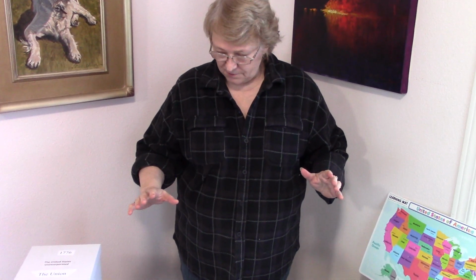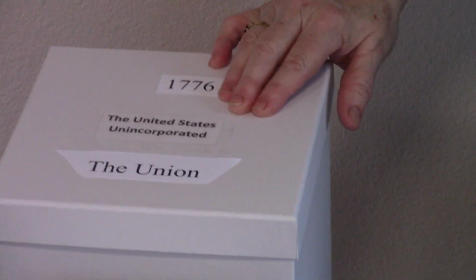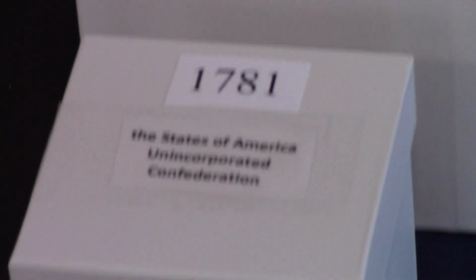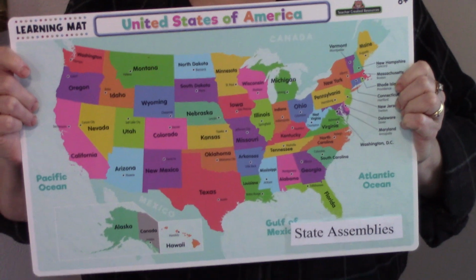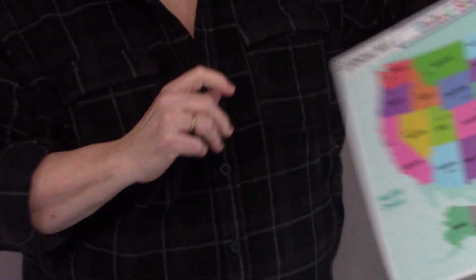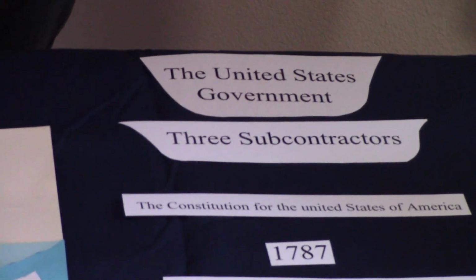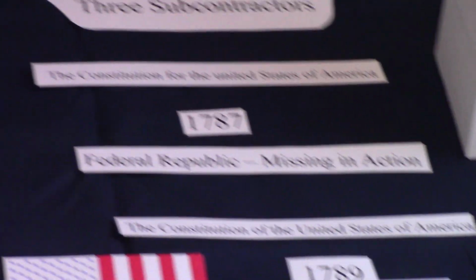Now, if you go through this again, we have the original Union, the Federation, and the Confederation, which are instrumentalities of the states. And then we have three subcontractors that mirror our American instrumentalities. Because why?